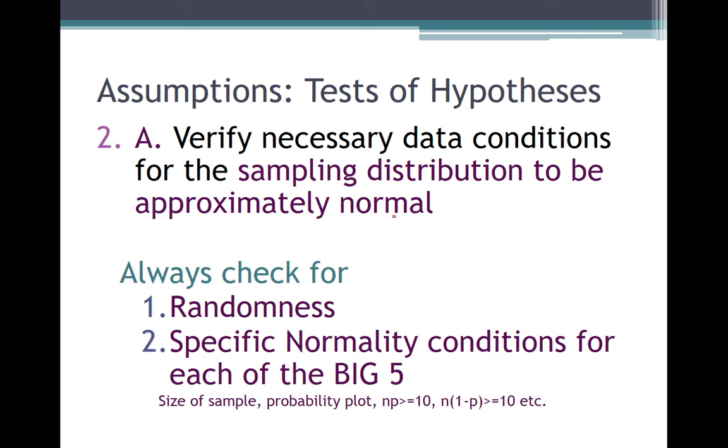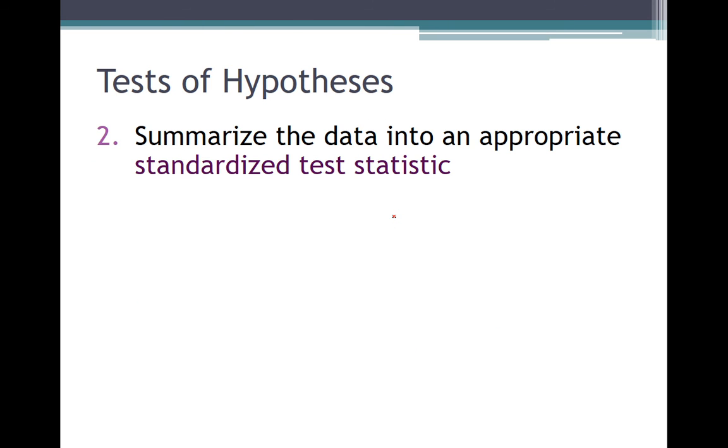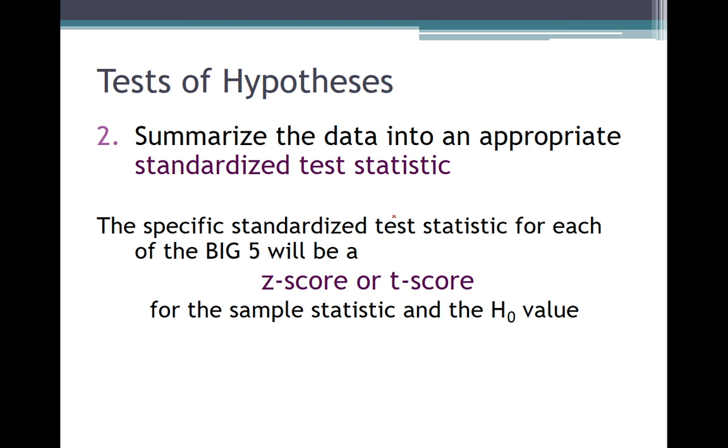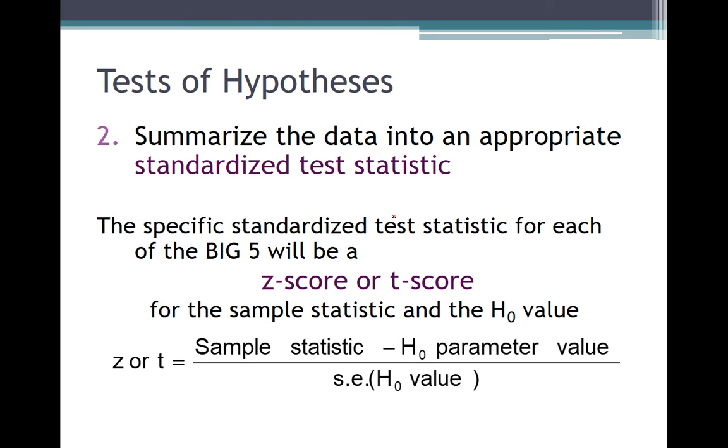Always check for randomness and always specify normality conditions for each of the big five. And for our big five, we're either going to look at a z-score or a t-score for the sample statistic and the null hypothesis. Your t-statistic and z-statistic will vary depending on what your null hypothesis is.